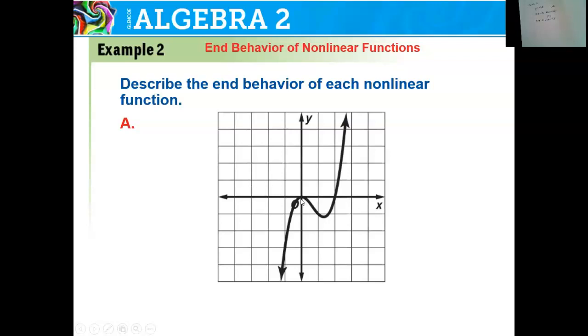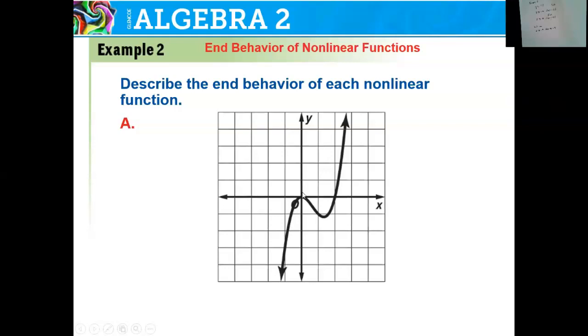The farther I move to the left, you can see my graph continues to go farther and farther down. So my left end behavior would be as x goes towards negative infinity, f of x goes towards negative infinity. And that's because the farther and farther I go left, the farther and farther my graph decreases.